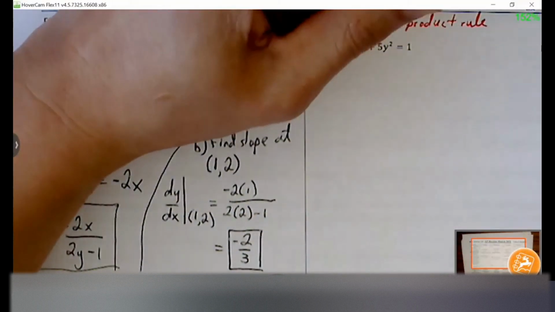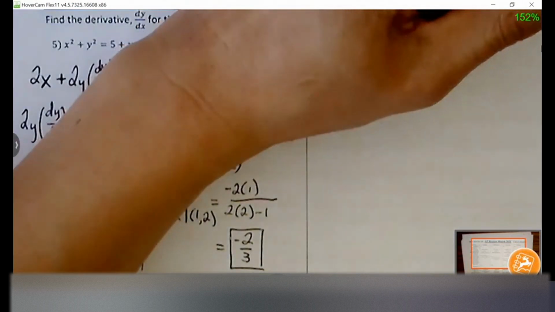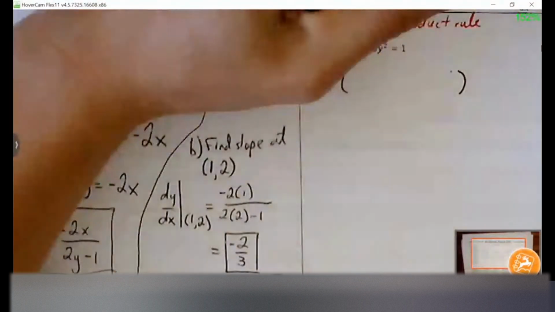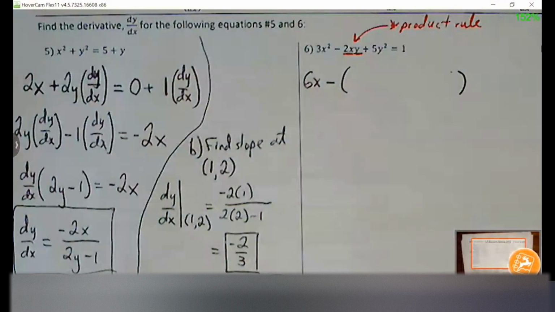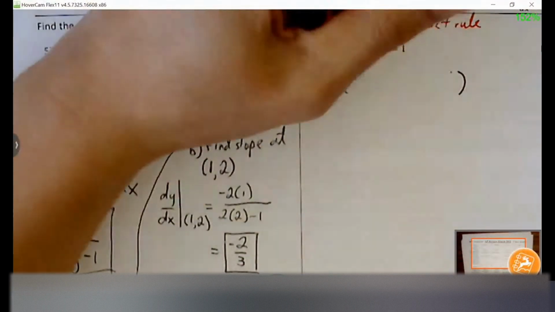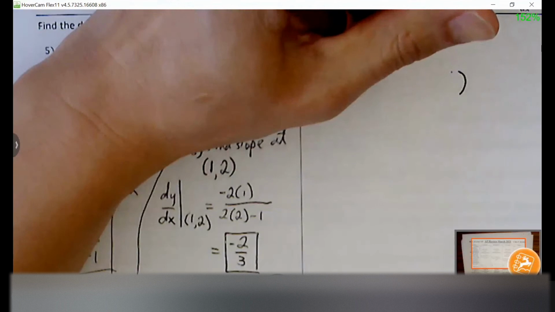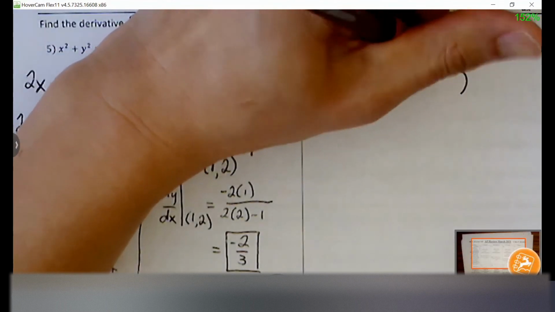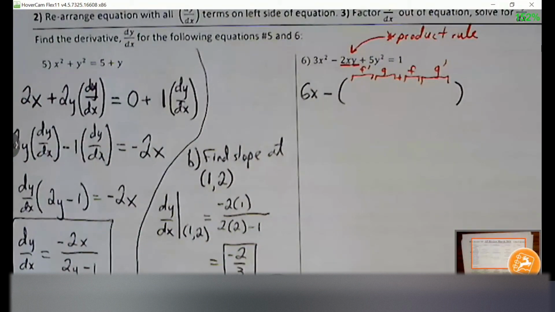3x squared becomes 6x minus, I'm going to leave a big space here for product rule that I'm anticipating to use. I'll treat the 2x like my f, and then I'll treat the y as the g function. Okay, so f prime, what's f prime going to be?